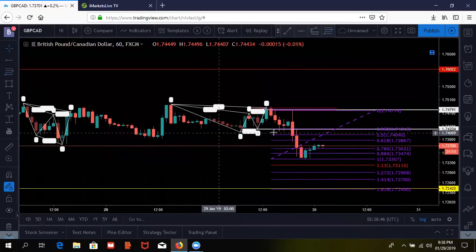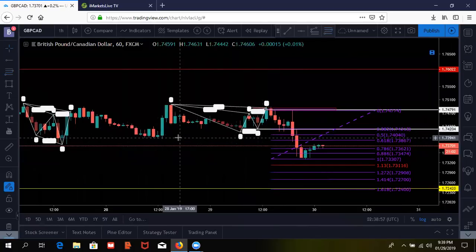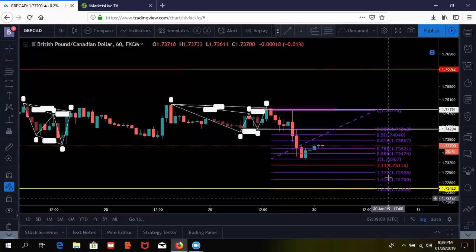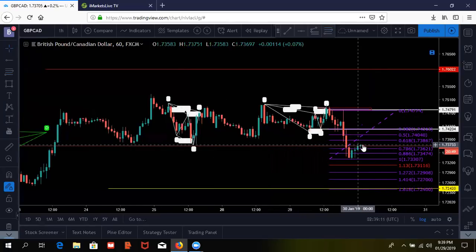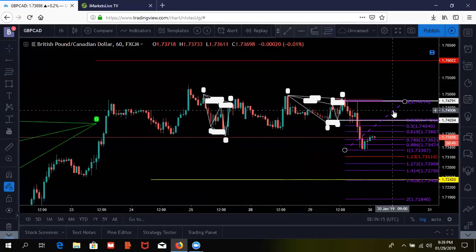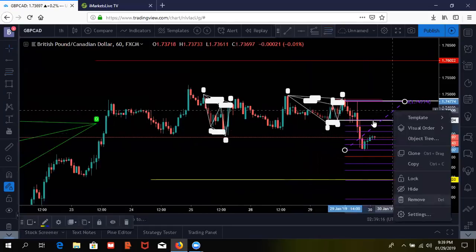It might come up here and retest this level of support that we have over here, either this level or that level. This level gives us about a 61.8, and this level right here gives us that 38.2. So price could push up here and then drop from there and hit targets for us. So we'll see how that plays out.